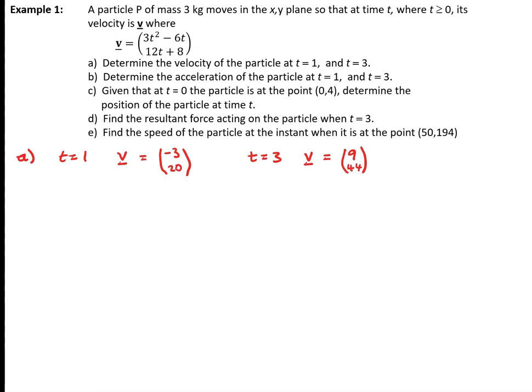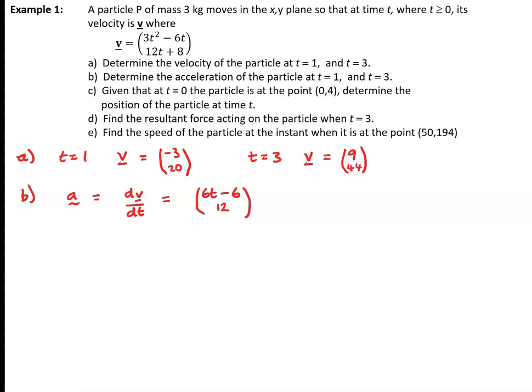For part B, we've got to determine the acceleration of the particle when t equals 1 and when t equals 3. We know that acceleration is the derivative of the velocity. So the acceleration is the derivative of our vector (3t squared minus 6t, 12t plus 8). And in the previous video we saw that we differentiate vectors component by component.